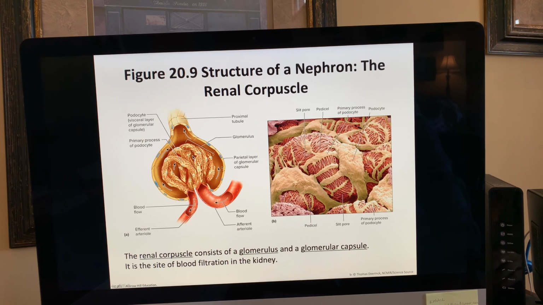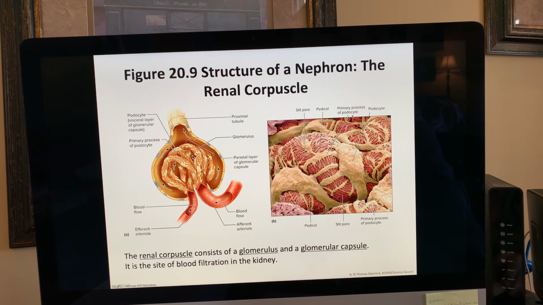It consists of two layers of cells, an outer layer of squamous cells called the parietal layer of Bowman's capsule, and an inner layer of cells that are tightly affixed to the endothelial cells of the capillaries themselves. And that is what's called the visceral layer of the glomerular capsule. And it's made up of specialized cells that are called podocytes.